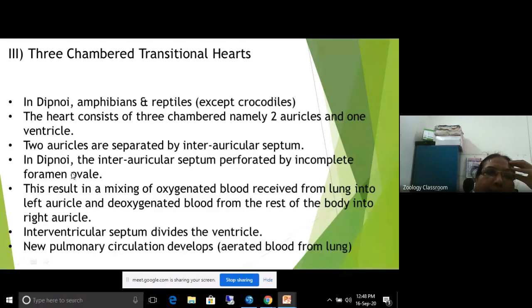But in dipnoi, the lung fishes, the interauricular septum is perforated by a hole called the foramen ovale. This results in a mixing of oxygenated blood received from the lung into the left auricle, and deoxygenated blood from the rest of the body into the right auricle. So mixed blood is present here. The interventricular septum divides the ventricle only partially. A new pulmonary circulation develops, carrying aerated blood from the lung.